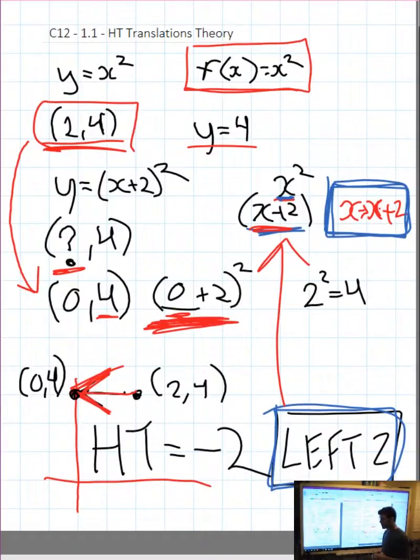The more you do foundational methods that work all the time, rather than little lazy tricks your teacher teaches you, until we're much more familiar with the material, always substitute the opposite operation for the variable. So I can take a point and move it left 2 by substituting the opposite operation for the variable.